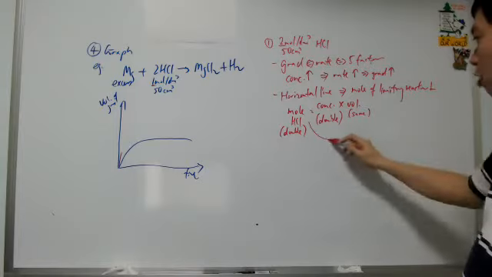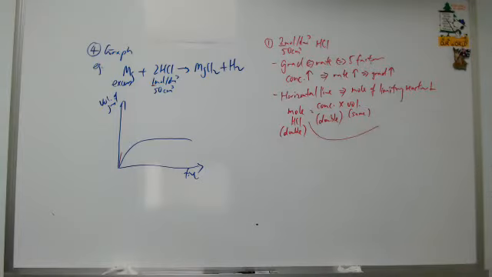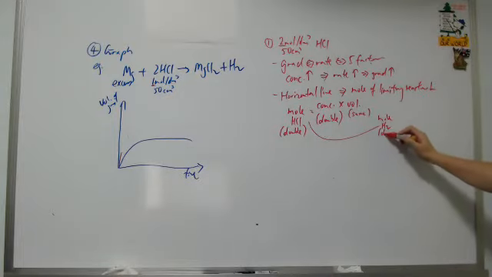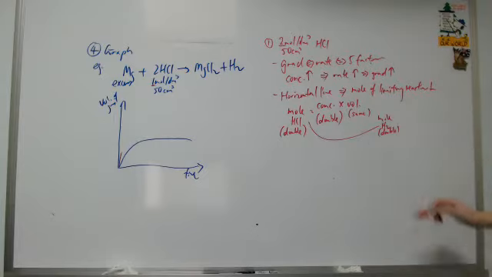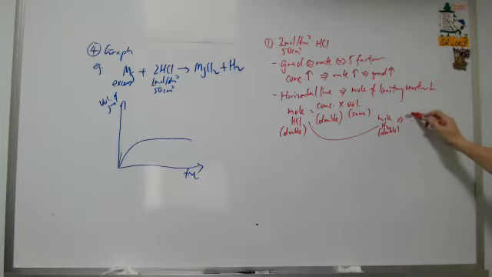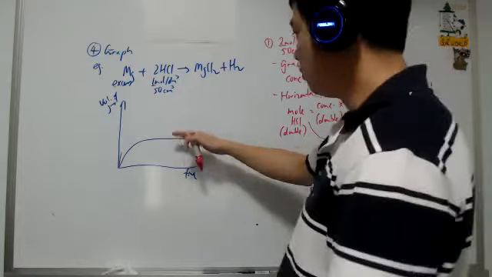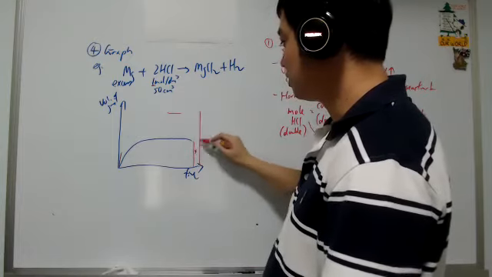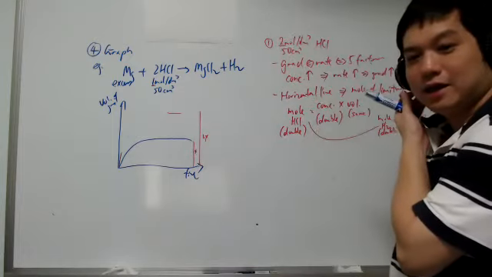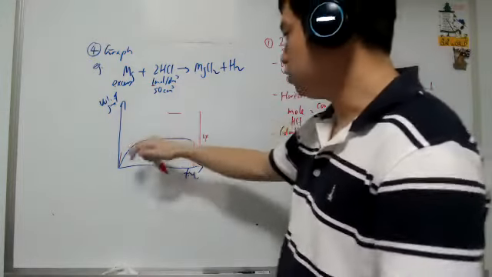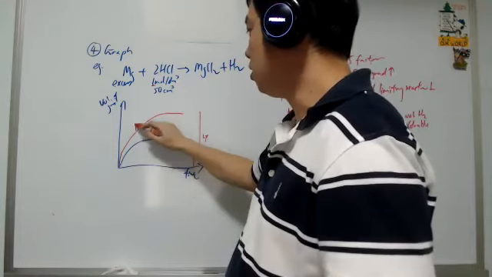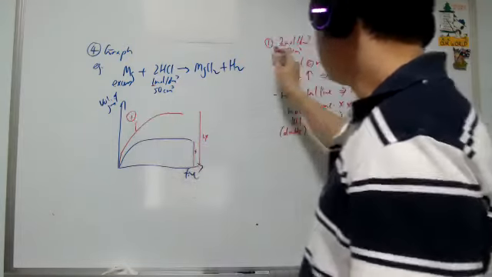Since magnesium is in excess, the limiting reactant is hydrochloric acid, so the mole of hydrogen gas will also be double, and so will the volume of hydrogen gas. Therefore, the horizontal line position will be double the original, 2x. After you know the horizontal line position and the gradient, you can just join them. This will be your graph for this part of the question.